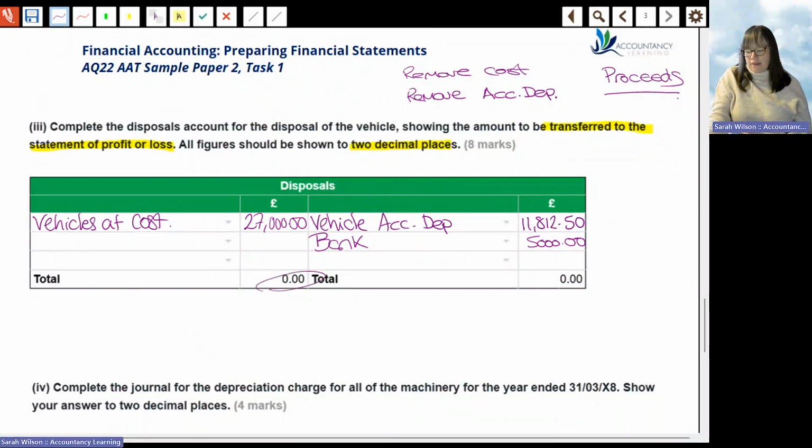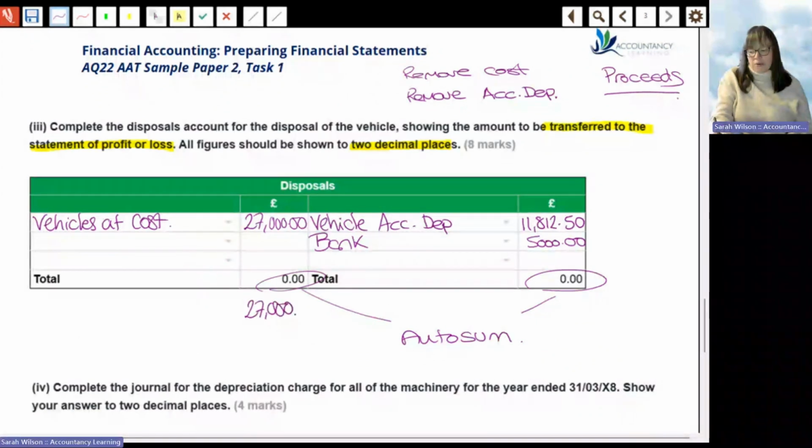And in the exam, these will auto sum. So you will have the balances there and you will see that this balance will be higher. So this will be sitting at 27,000 at the moment. So then to make sure that the disposal account balances, is going to be our transfer to the statement of profit or loss.